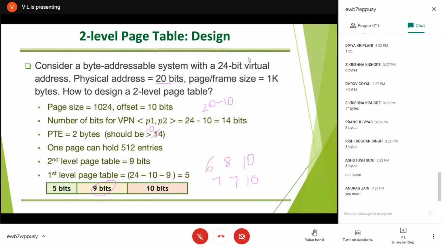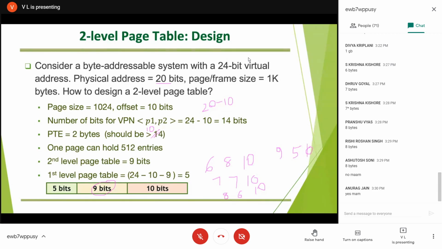It could be 8, 6, 10 also. It could be 9, 5, 10 also. So 4 possibilities of P1 and P2 occur in this particular case.